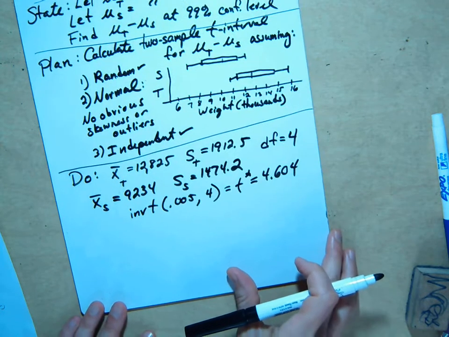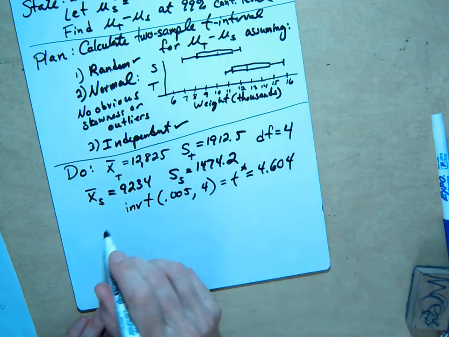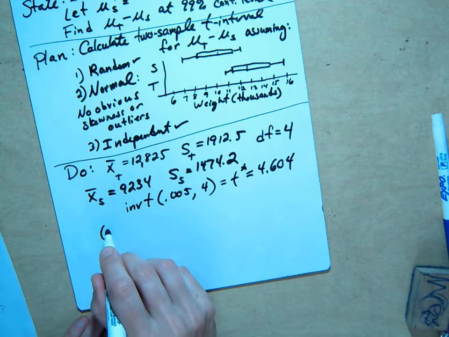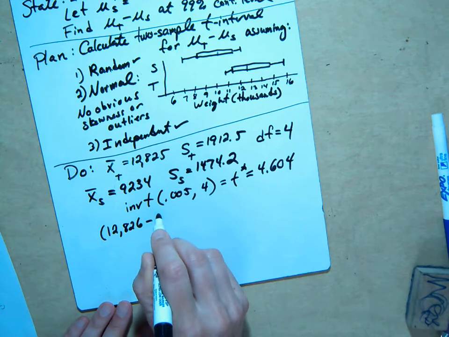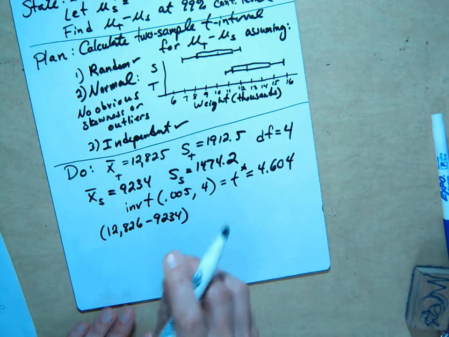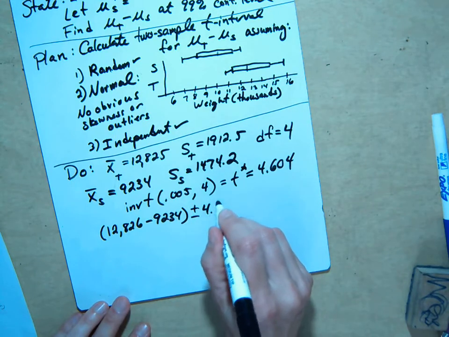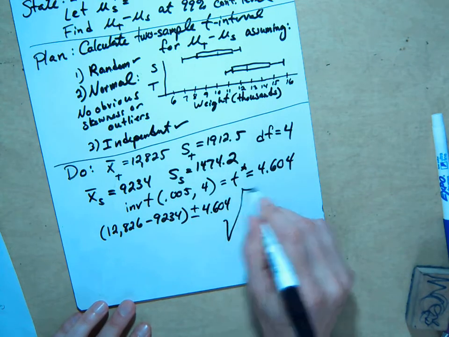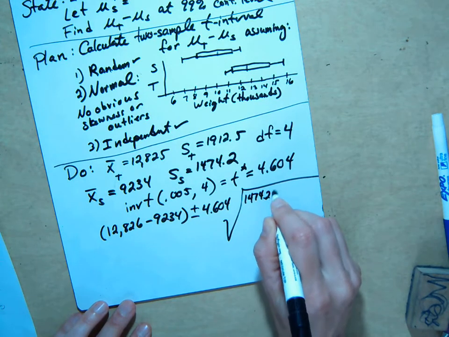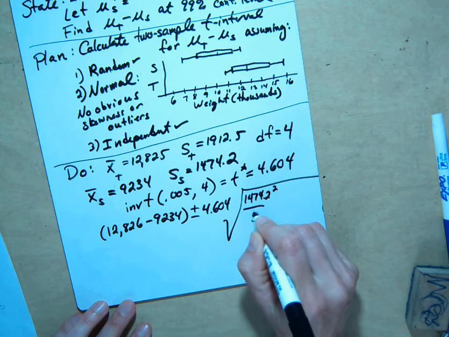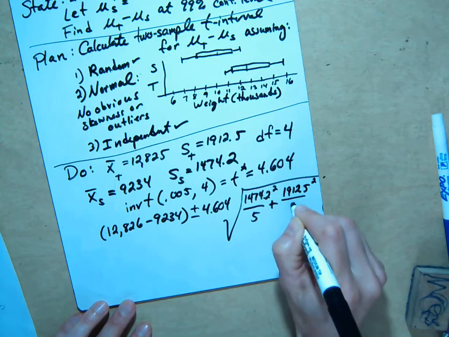And so now we're going to do this on our calculator, but first I'm going to write the formula out, because if you happen to do the wrong thing on your calculator, you will get 0 credit, whereas if you wrote this out, you would get a lot of credit. So using the formula, difference of means plus or minus T star 4.604 square root of, and you can see why we want to start just doing it directly on our calculator, because this gets messier, plus 1912.5 squared over 5.